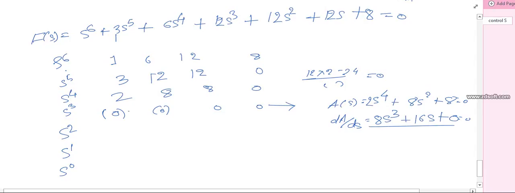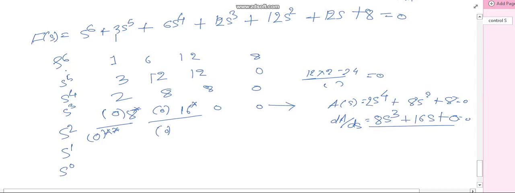This you are getting 8 and this you are getting 16. Now again solve it. So what you see, again you got 0. It is 64 and 2, it is 16. Still you are getting 0, and here also you are getting 0. I put it double star.